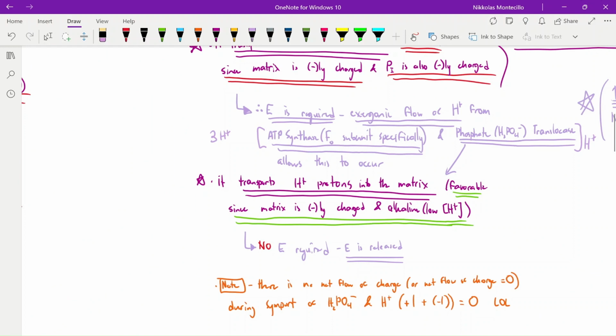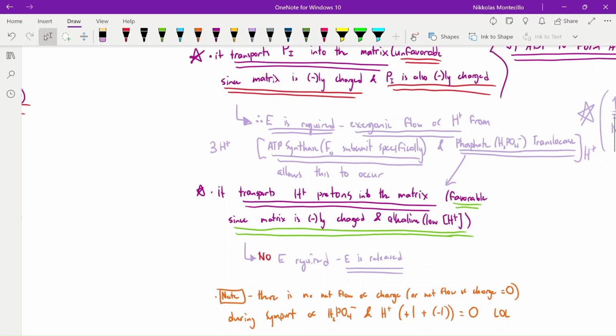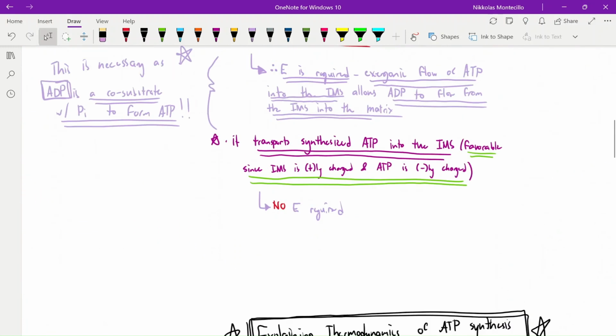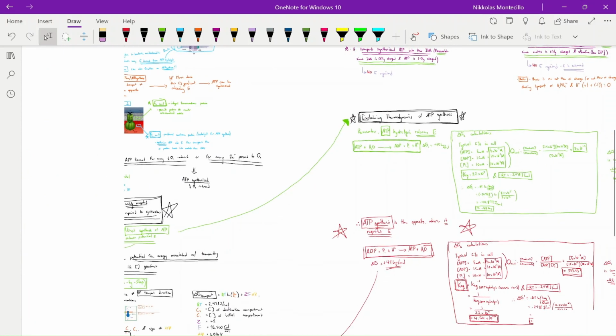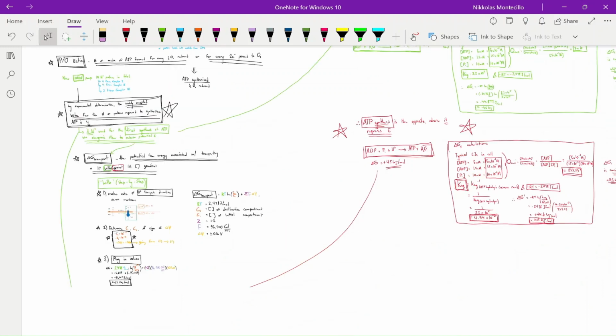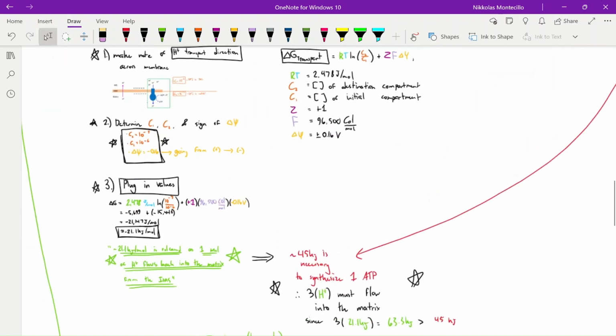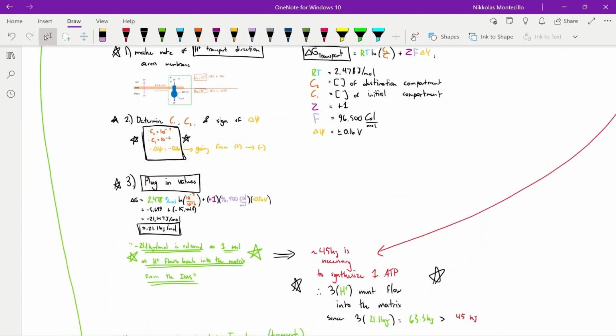Now, there is no net flow of charge, or net flow of charge equals 0, during symport of the inorganic phosphate and hydrogen protons. Okay. So essentially, what I just described here is a bunch of information that somehow all connects together if you think about it. 21 kilojoules is released per hydrogen proton that flows back into the matrix.